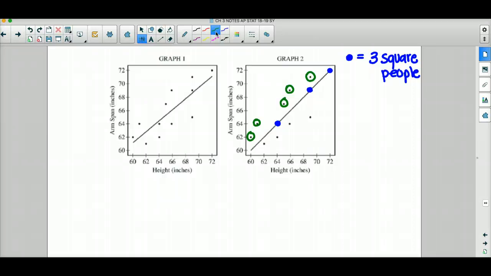Look at it. Arm span, like this person, is a 69 71 because this is their height and this is their arm span. So their arm span is bigger than their height. So what are they called when their arm span is more than their height? They're a short rectangle. There's 1, 2, 3, 4, 5 short rectangles.